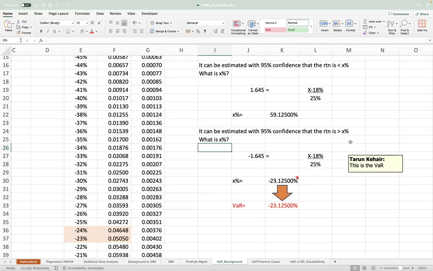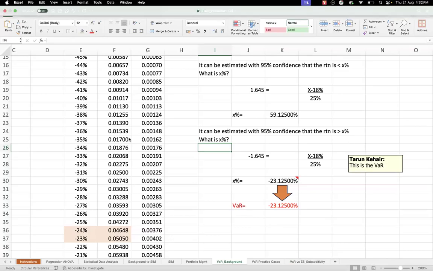If 95% was on this side, 5% is on that side. Remember when I'm looking up the Z table, the Z value always reflects the area to the left of the curve. तो मुझे 5% lookup करना है, not 95%. So if I open my Z table, let me open the Z table and show it to you.